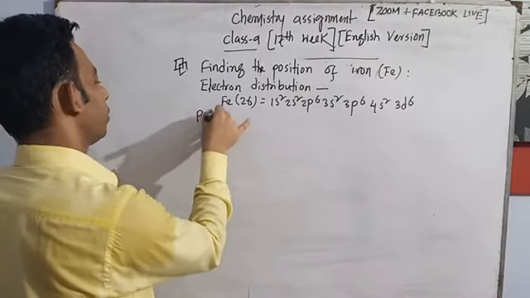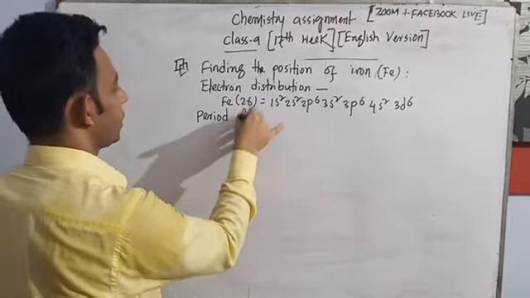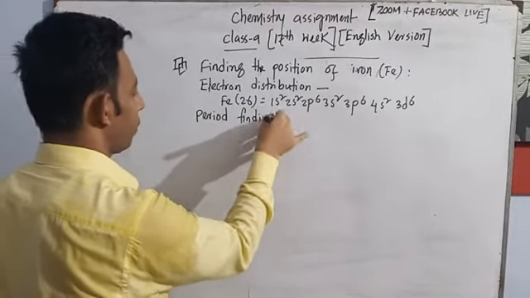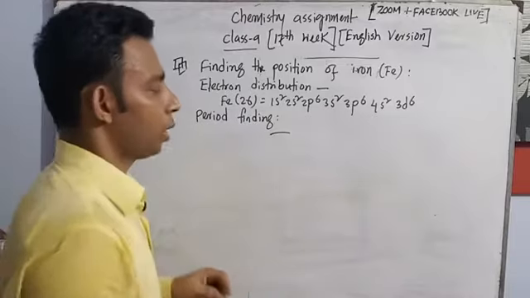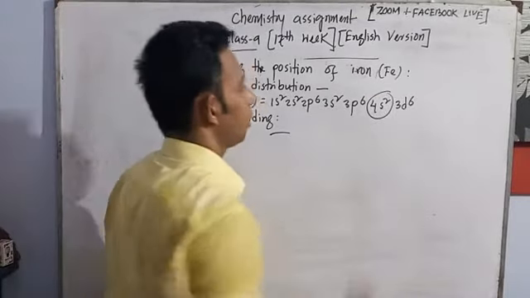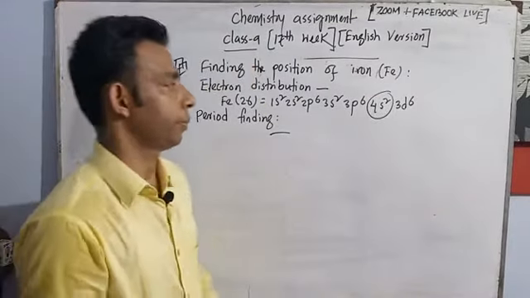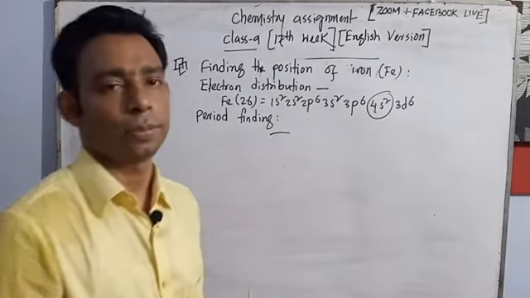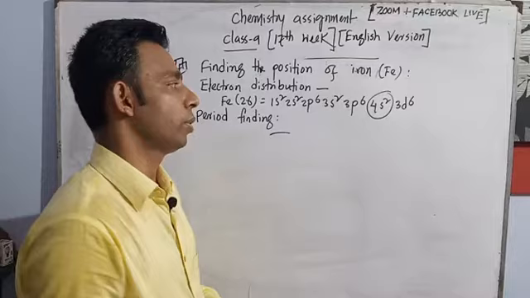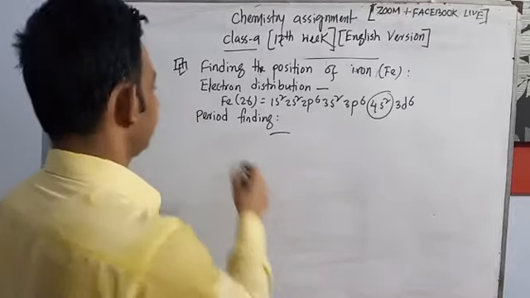Finding the period. You can write one line here: in which energy level or shell the last electron moves, that is the period number.